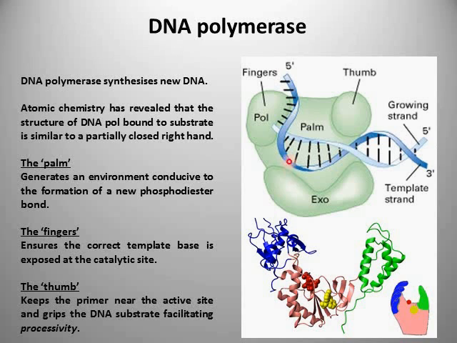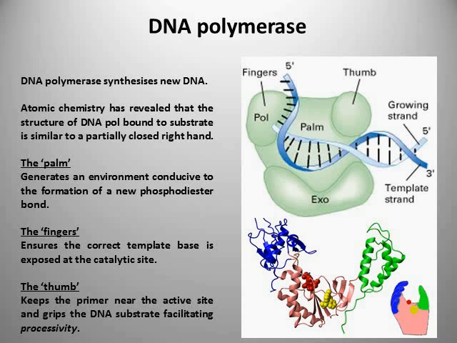The finger region of the polymerase is responsible for bending and manipulating the incoming nucleotide in such a way that it makes contact with A, the DNA template, and B, these metal cations which are required for the fusion of that nucleotide onto the growing strand of the DNA molecule.